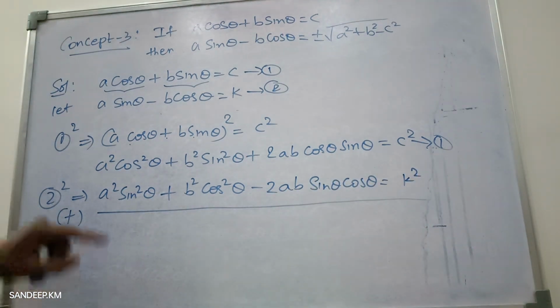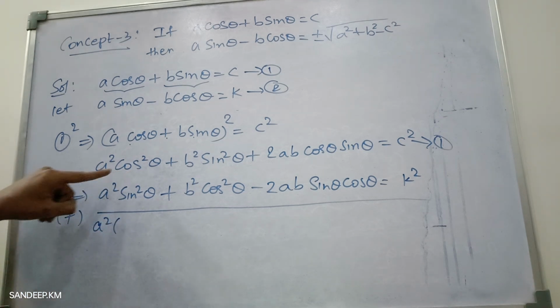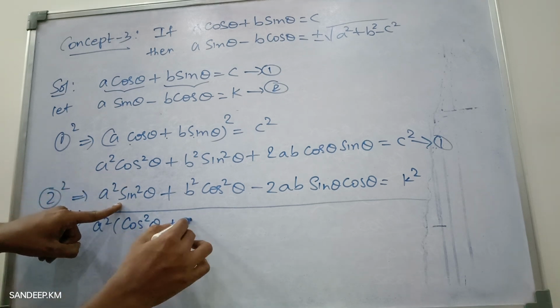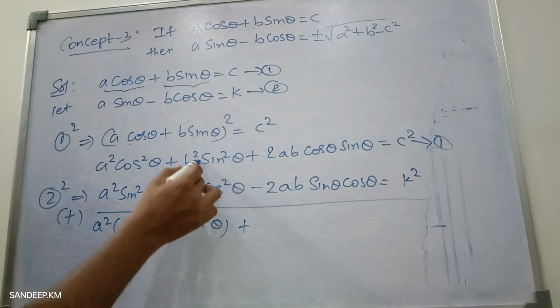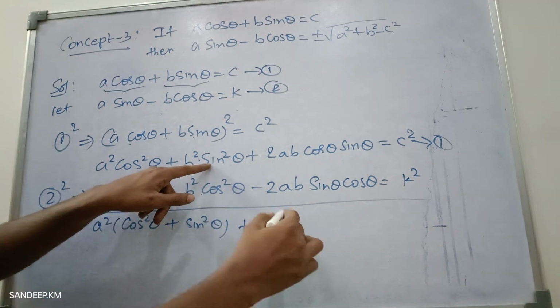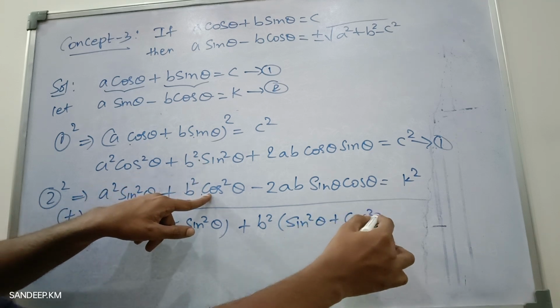So while adding these two terms, I can take a square common. When I take a square common, I will get cos square theta plus sin square theta. Same way, dear students, if I add these two terms and take b square common, I will get sin square theta plus cos square theta.